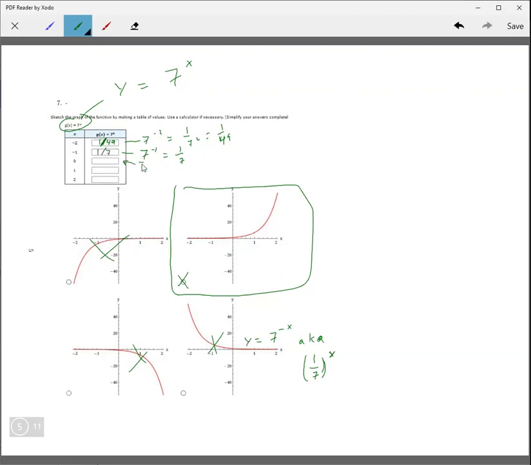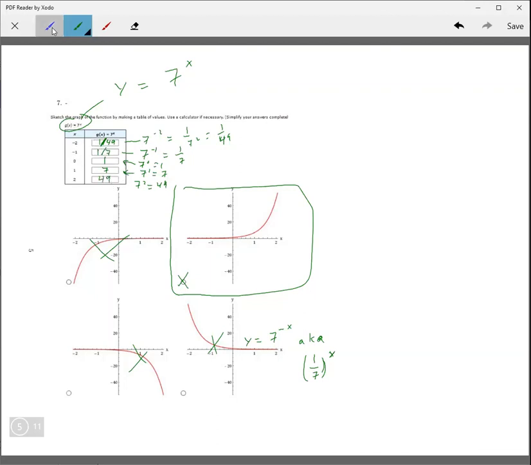Then 7 to the 0 is just going to be 1. 7 to the 1 is just 7. And 7 to the 2 is 49. So that gives us different points.